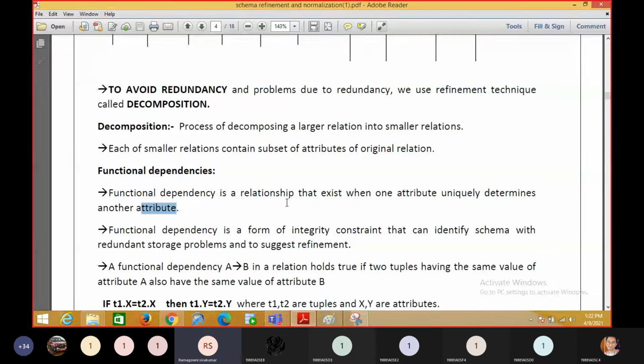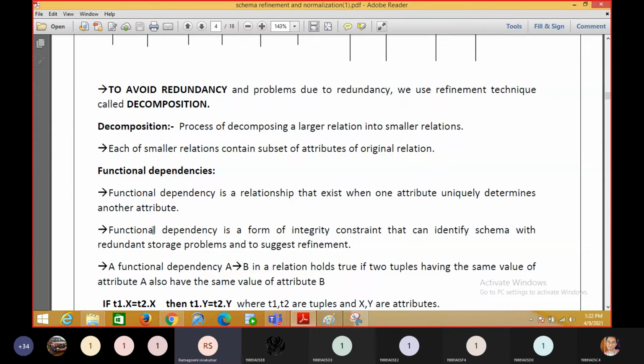From the student relation we have attributes SID, S name. If you provide the relationship between SID and S name, SID uniquely determines S name. That is called functional dependency, the relationship between attributes.